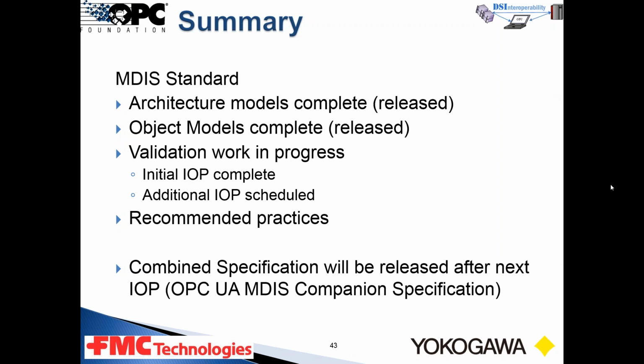So what we saw today was a very nice demonstration where Yokogawa was actually pulling data from an FMC system. The systems on both sides were configured with little or no work because of the object modeling. It's just dragging and assigning things to templates and assignments, and the Yokogawa system can import a model very quickly.